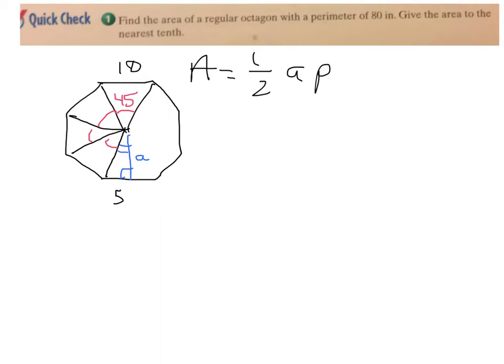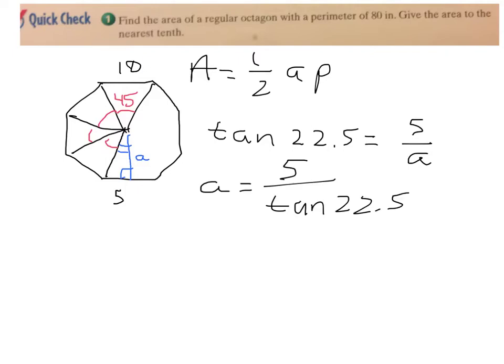So again, we're going to use tangent, which is opposite over adjacent. So the tangent of that blue arced angle, hopefully you agree, is 22.5, half of 45 degrees. Tangent of 22.5 equals opposite, which is 5, over the adjacent side, which is what we're trying to find, the apothem. So the apothem is going to equal 5 over the tangent of 22.5.